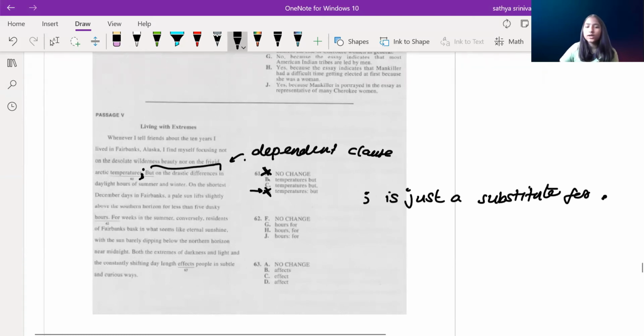And C, okay, so the main difference between B and C is the comma here. Again, one important tip is that you only add a comma if it's necessary, right? And also if it's placed in the proper place, right? In this case, if we put "but" and then a comma afterwards, there's no need for this comma here. So when we're comparing B and C, C isn't exactly the right answer, right?